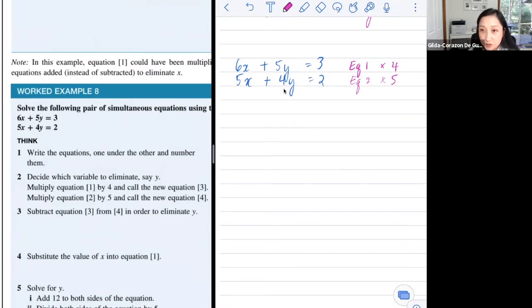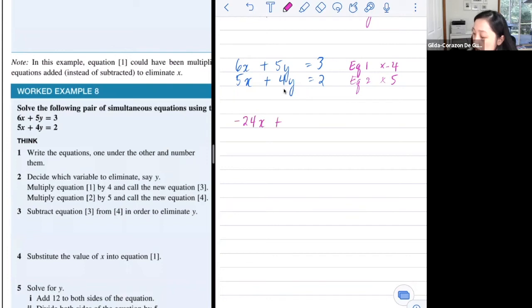And now I've got what? Coefficients that would be equal. And I did say that I want them opposites. So that would be an easy fix by making one of them negative. Okay, so if I put this as negative, then I would have my first equation as 6x times negative 4, I get negative 24x.